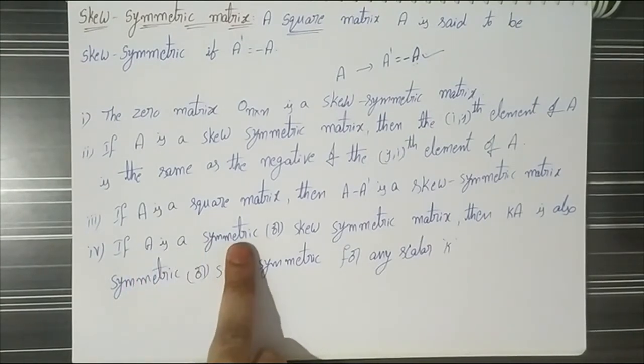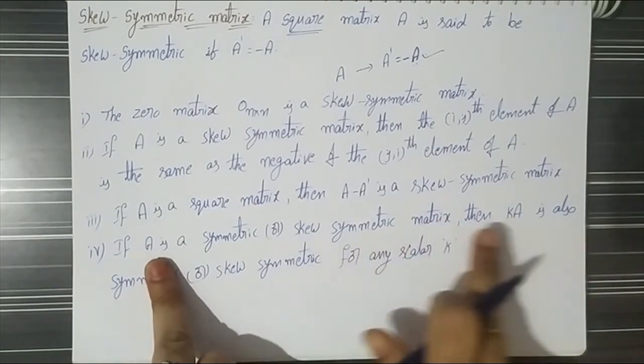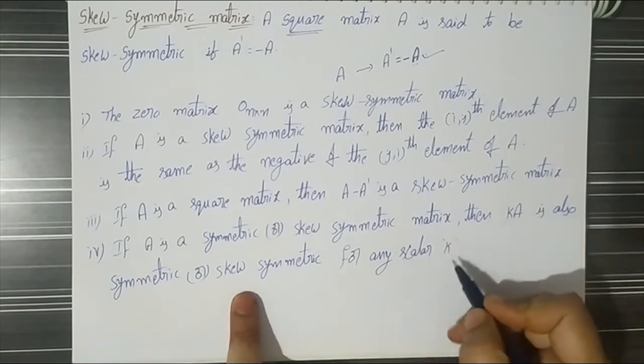If A is a symmetric matrix, then kA is a symmetric matrix. If A is a skew symmetric matrix, kA is a skew symmetric matrix for any scalar k.